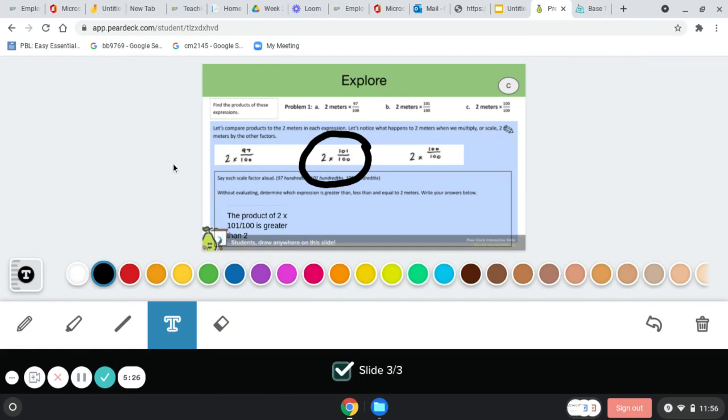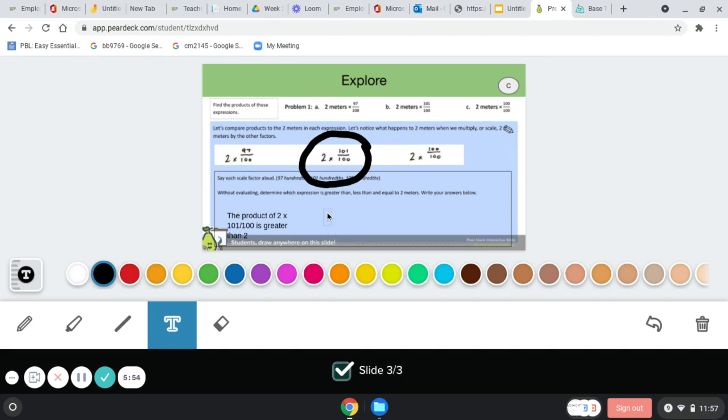Perfect. So now we've got to see what's next, right? So now we're left with 2 times 97 hundredths and 2 times 100 hundredths. Now, let's look at this one. Since the 2 is being scaled in this product by a fraction less than 1, then that means this product is going to be less than 2. Okay?